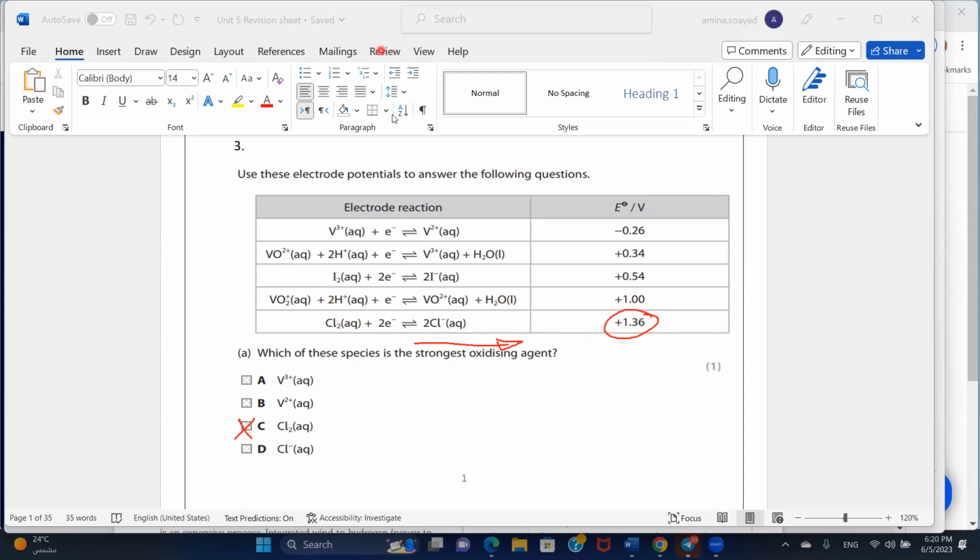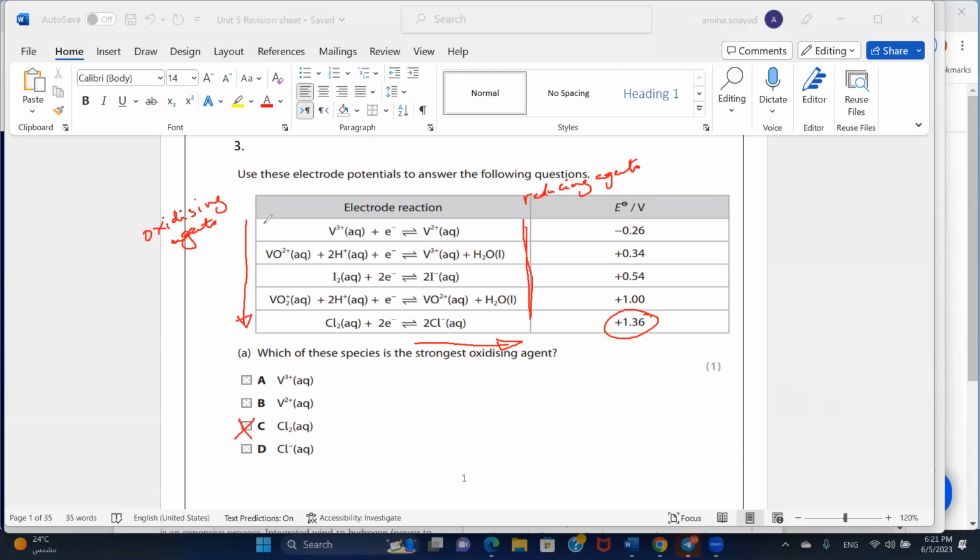And if you remember, we said that if we arrange the E naught values from the more negative to the more positive, then all the species on the right-hand side are reducing agents, and all the species on the left-hand side are oxidizing agents.